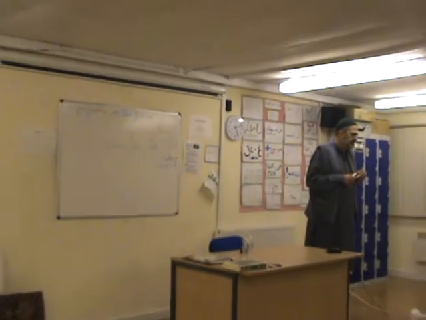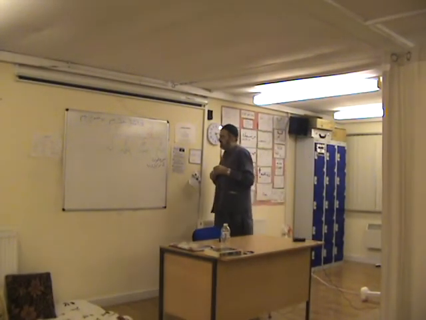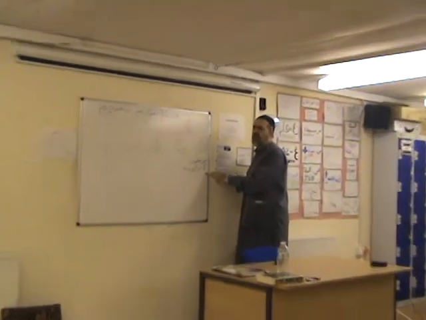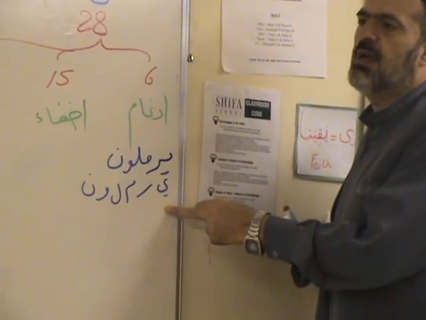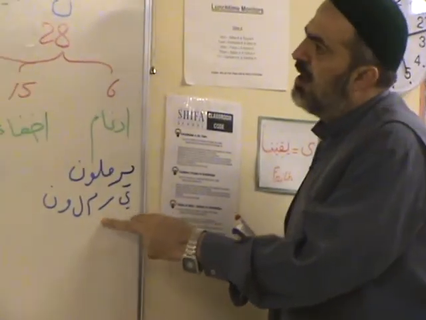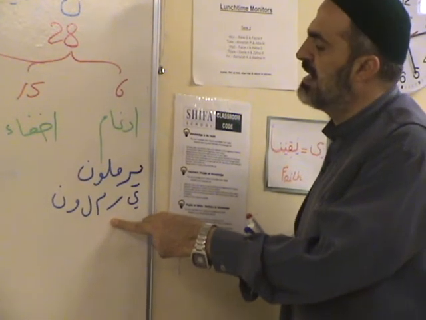Examples: man yasha. When you say man yasha, the noon has gone completely. You don't pronounce the noon at all. Ghafurur rahim, tanween is gone completely.